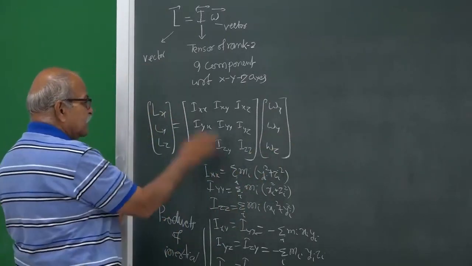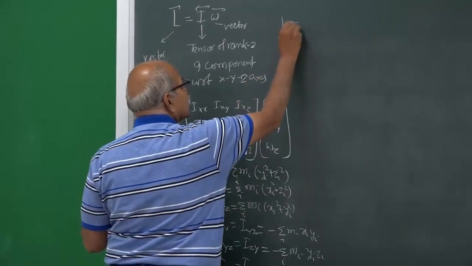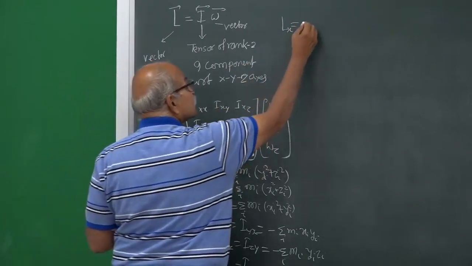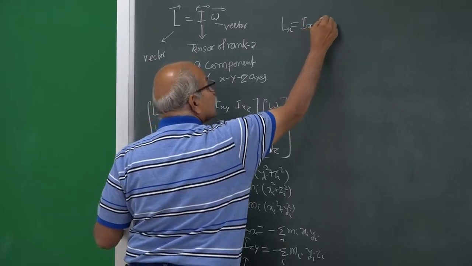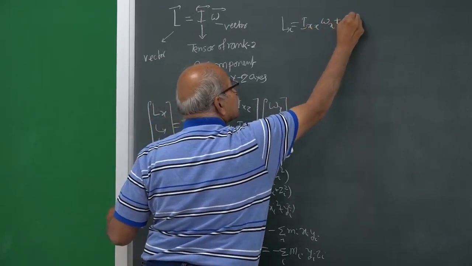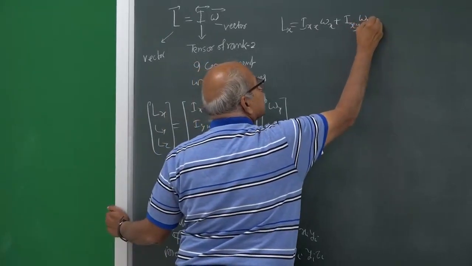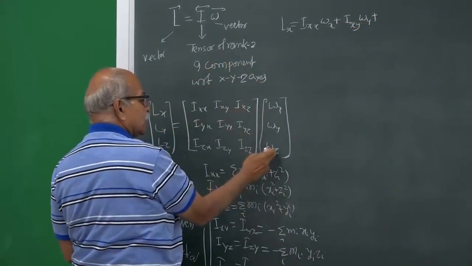And the meaning is that Lx is equal to matrix multiplication, this into this plus this into this plus this into this, that is Ixx omega x plus Ixy omega y plus Ixz omega z.